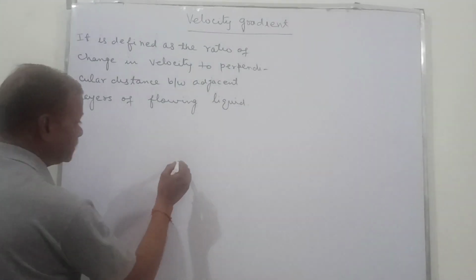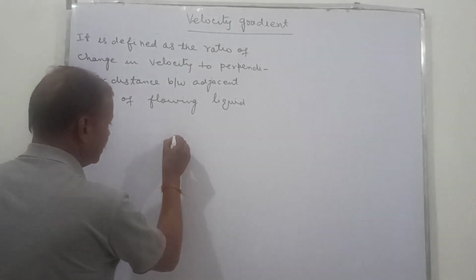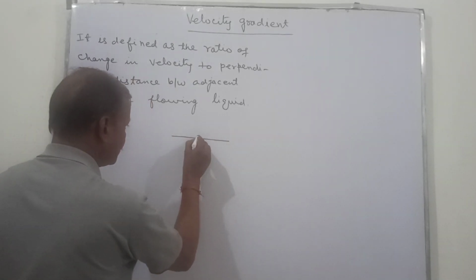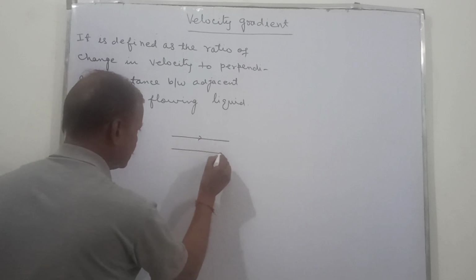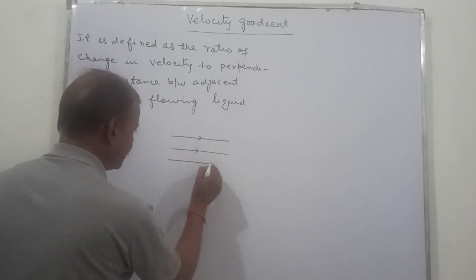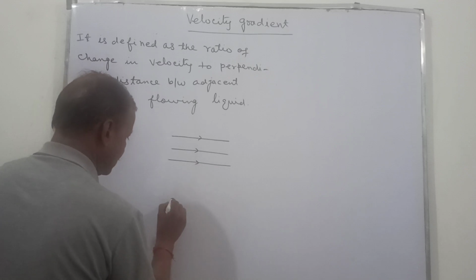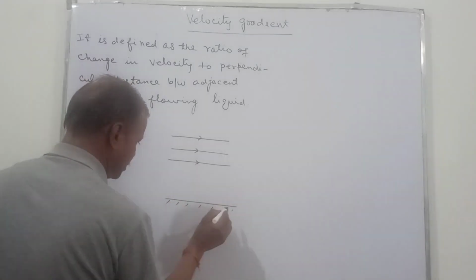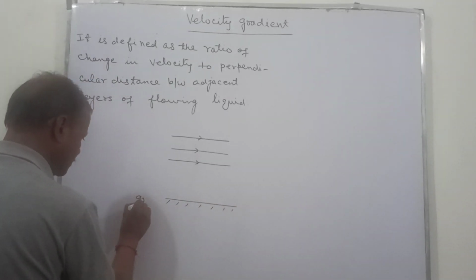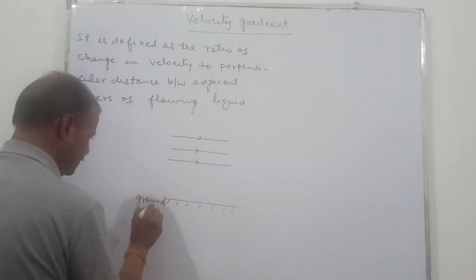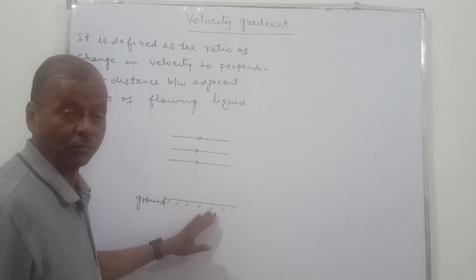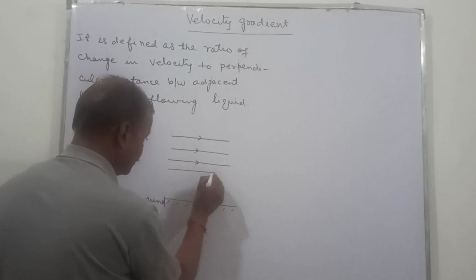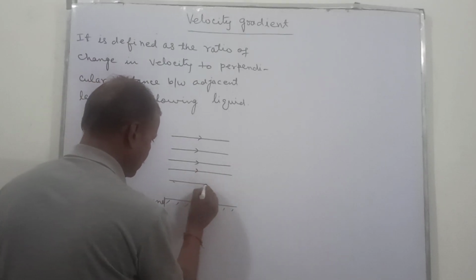So now, this is the upper layer. And there are so many layers here. This is now suppose ground. We can have the flow of the river like this.